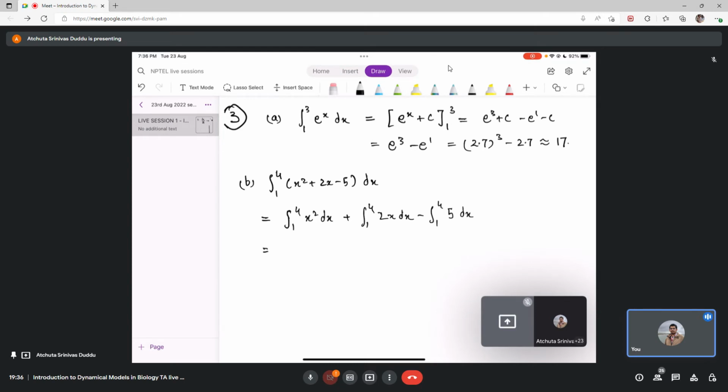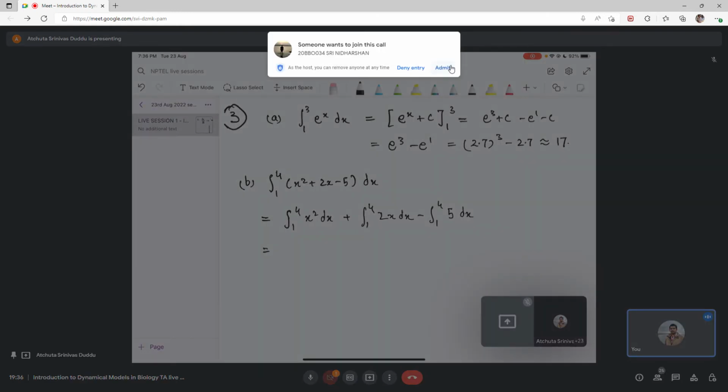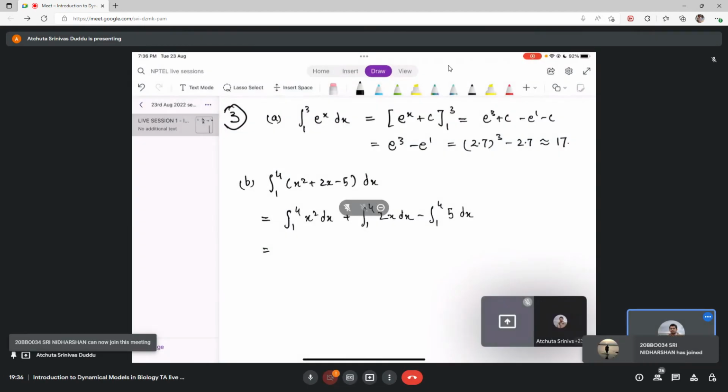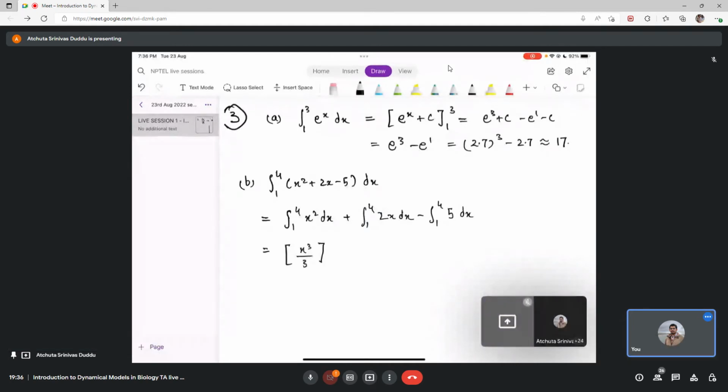As in the previous second question we had seen, the integral of x power n dx is equal to x power n plus 1 divided by n plus 1. So here that would be x cube by 3, with limits ranging from 1 to 4, plus 2 into x square by 2, limits ranging from 1 to 4, minus 5 times x ranging from 1 to 4.